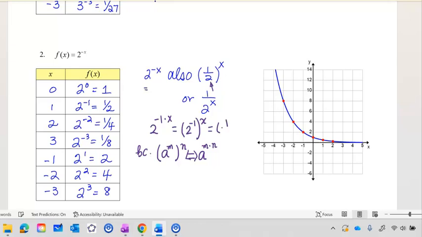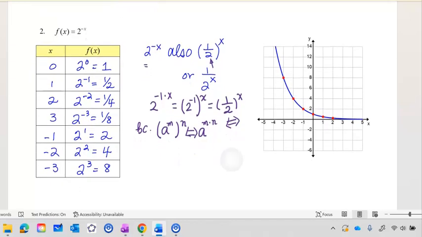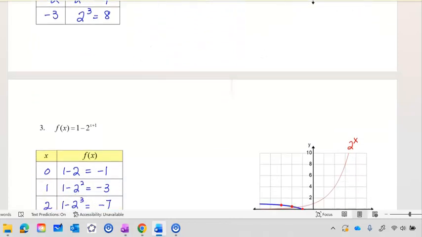A -1 exponent, we can just write as 1 over the base. So before you plug in the numbers, if you can see it's equivalent to this, that'll be easier for you to get a graph. And in this case, we look at it, oh, my graph goes the other way. Okay, we can continue to look at more styles.